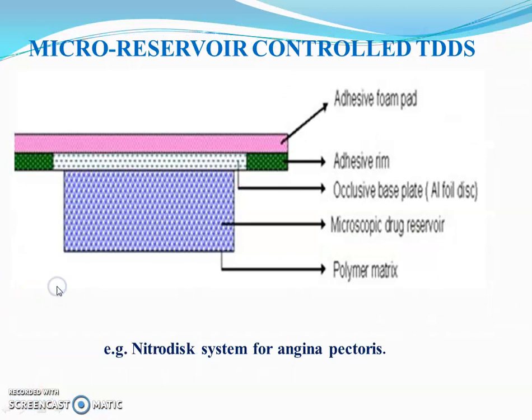And the last system is the micro reservoir controlled transdermal drug delivery system. In this system, the drug delivery system is prepared by the combination of reservoir and matrix type of drug delivery system.